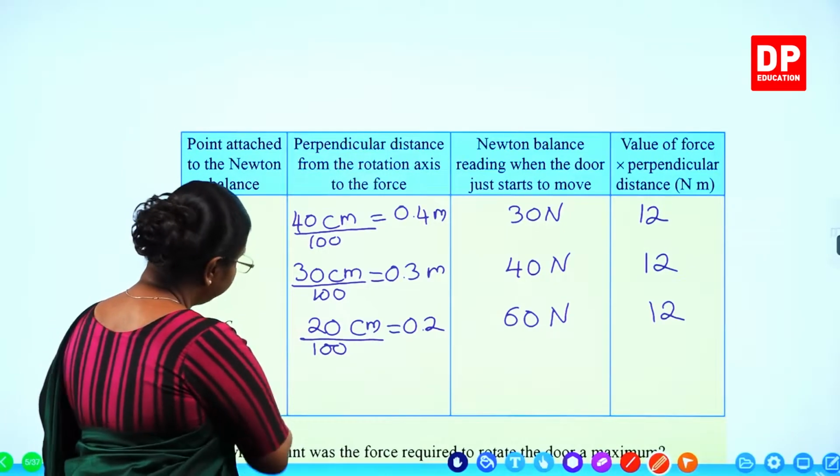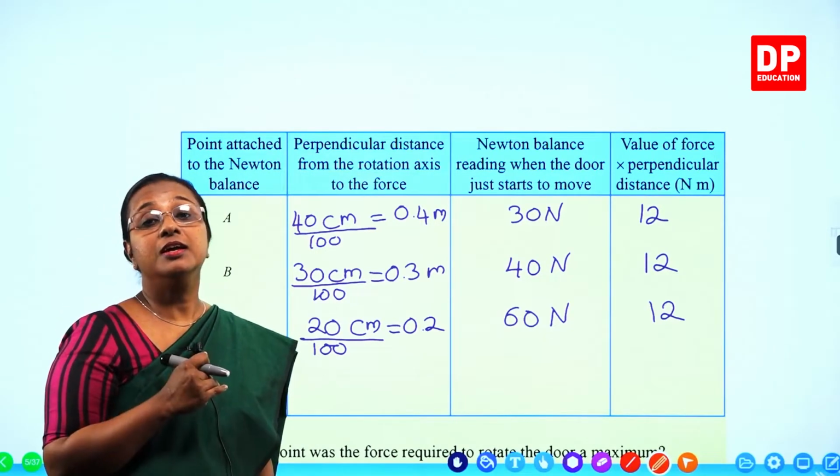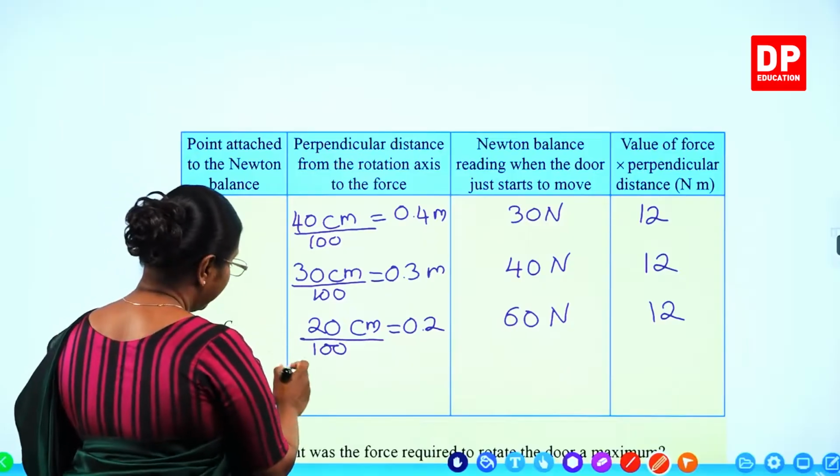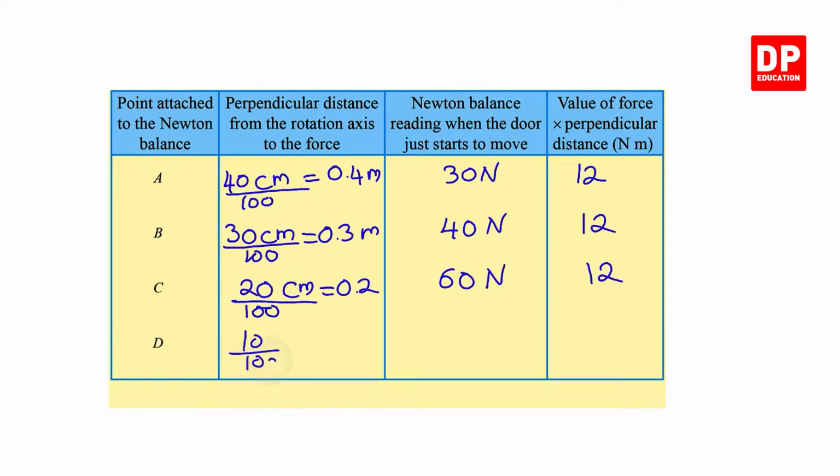And finally, if you take point D, the point that is closest to the hinges, if we take it as 10 divided by 100, you will have the value 0.1 meters, and the force we will take as 120 Newton. Then again when you get the product, the value will be 12 Newton meters.